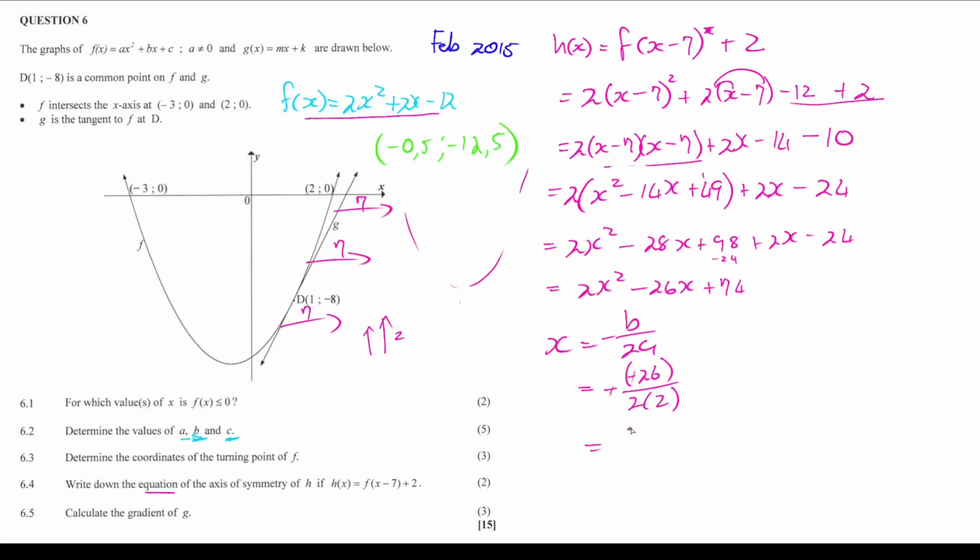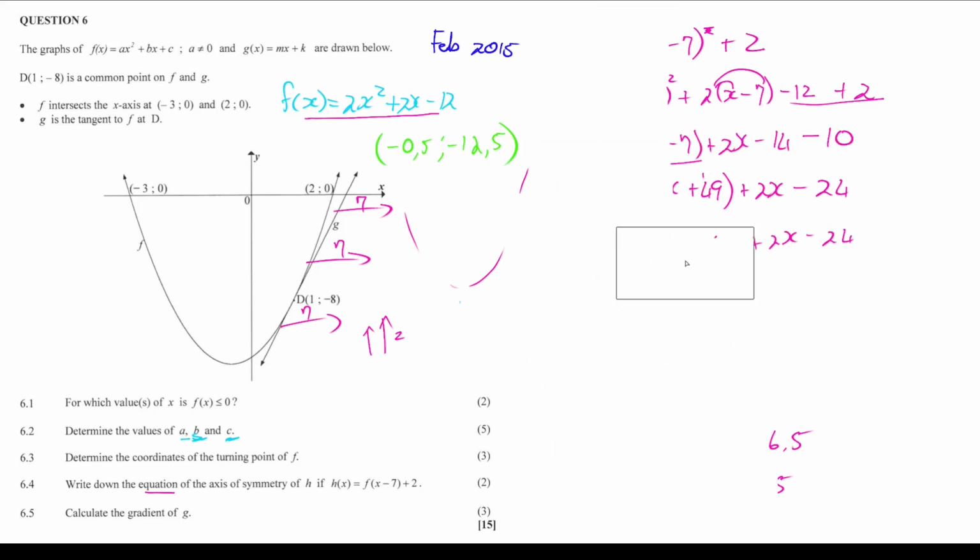We have 26 over 4, which gives me 13 and a half, or 13 over 2, and that is 6.5. There we go. So our axis is x equals 6.5. Nasty, but done. Totally doable. So if you can't figure out the other one, or you understand it but you lose it during an exam, you can always use the long method.